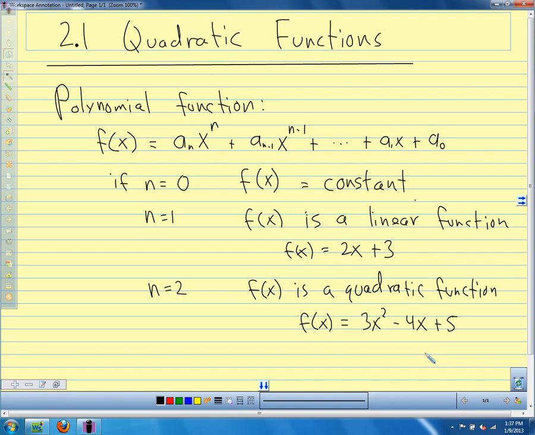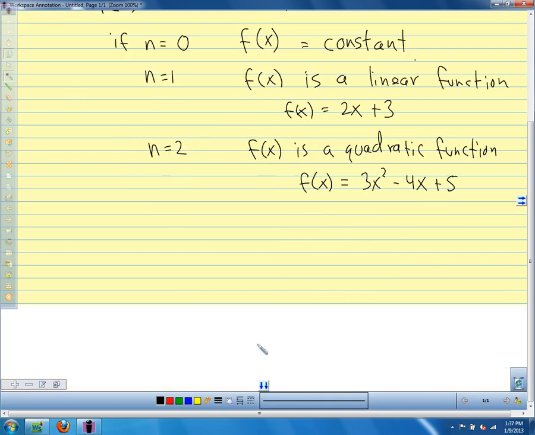Our general form, we talked about this briefly yesterday, and you've seen this before.